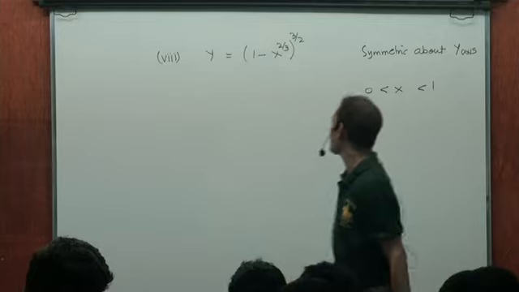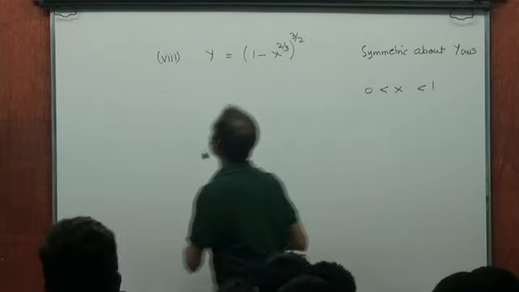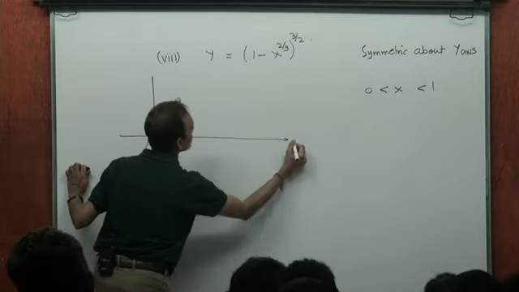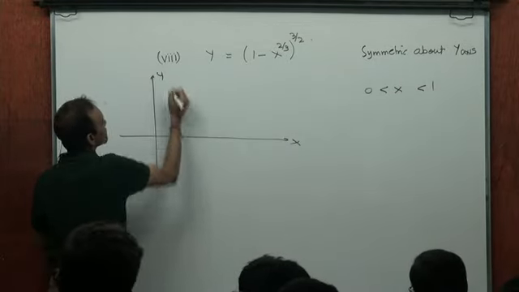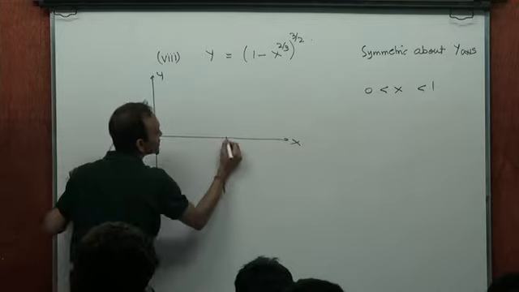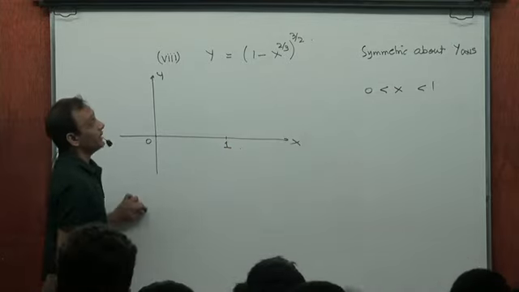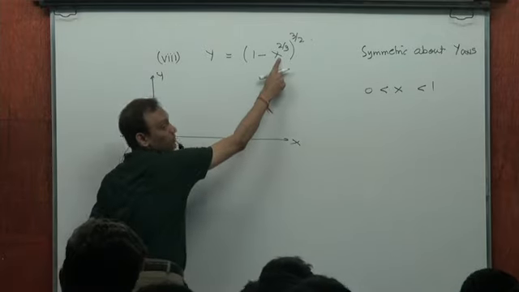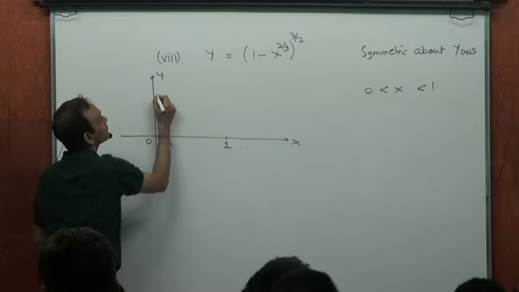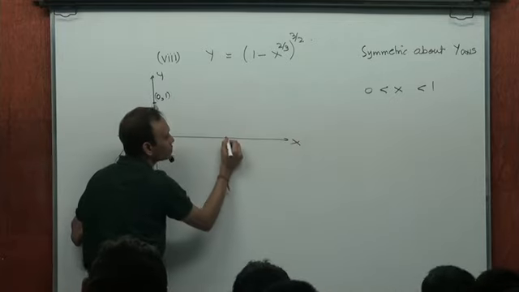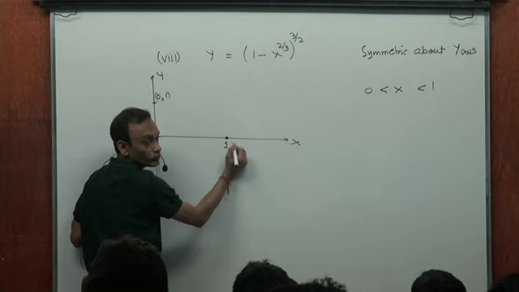Right? So in the first quadrant, the graph exists only between 0 and 1. At x equal to 0, y is 1. At x equal to 1, y is 0.